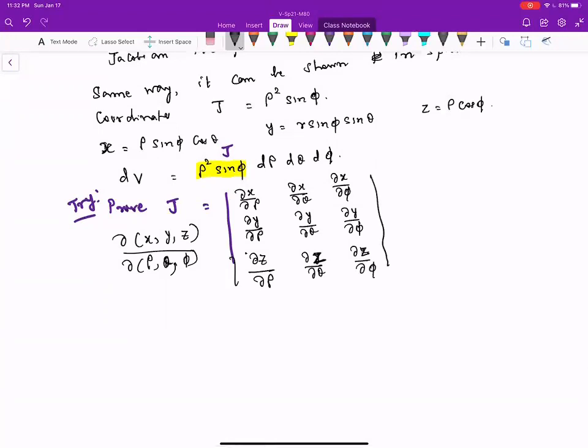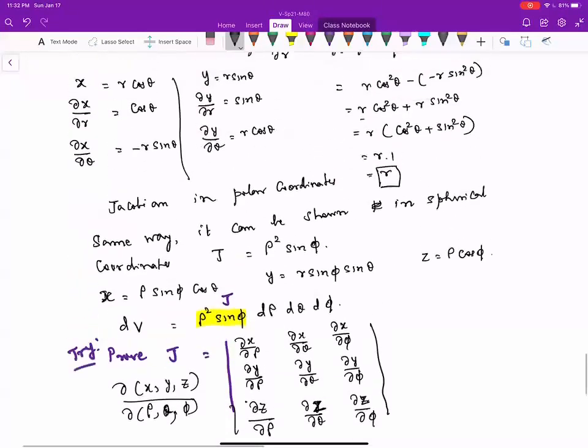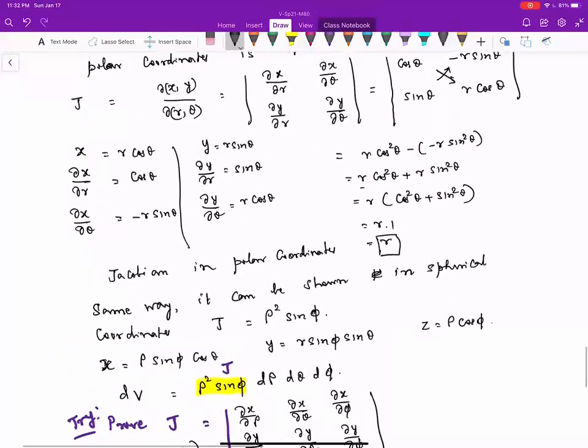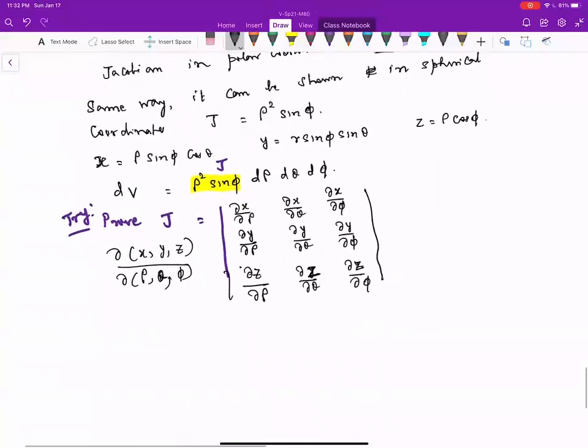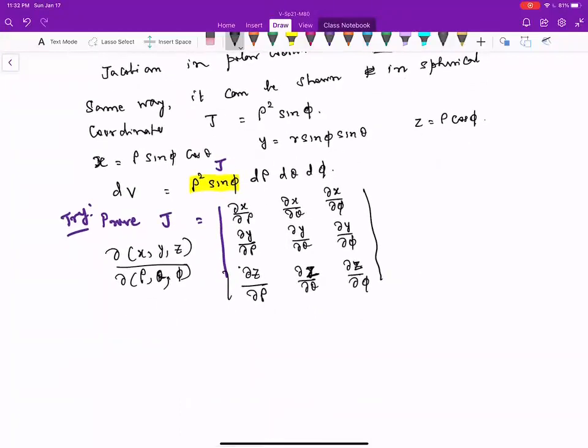If we find these values just the way we did for polar coordinates and substitute, it can be easily shown that the Jacobian would be rho square sine phi. You can try that as an exercise.